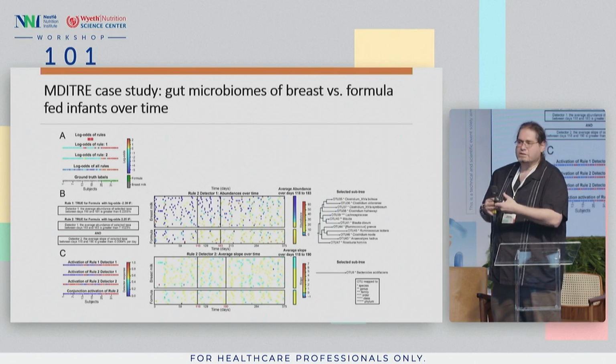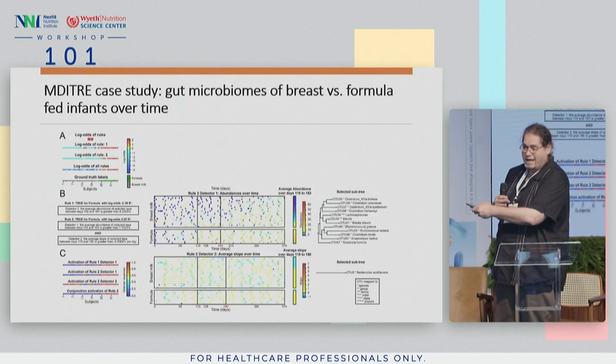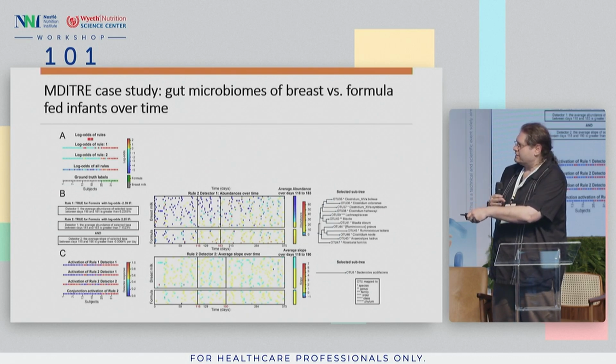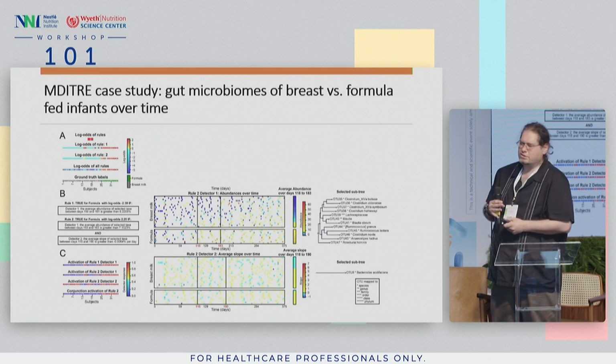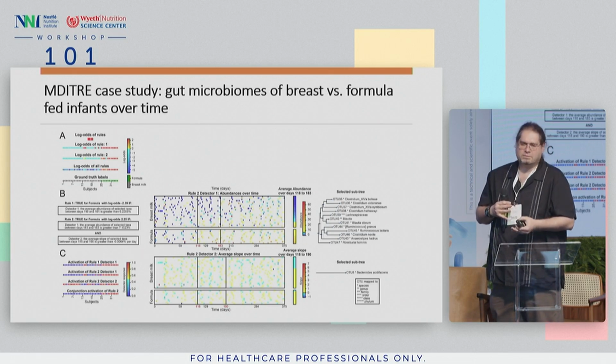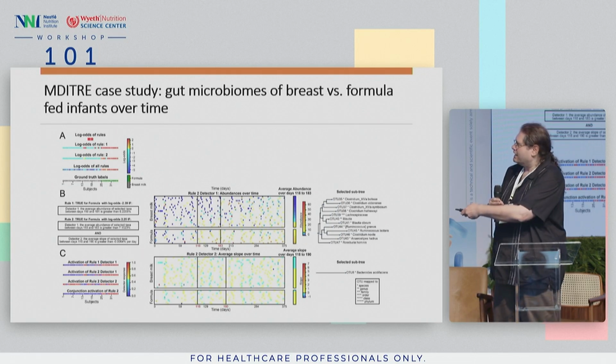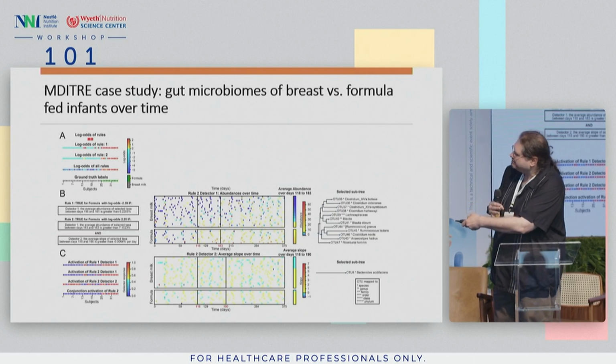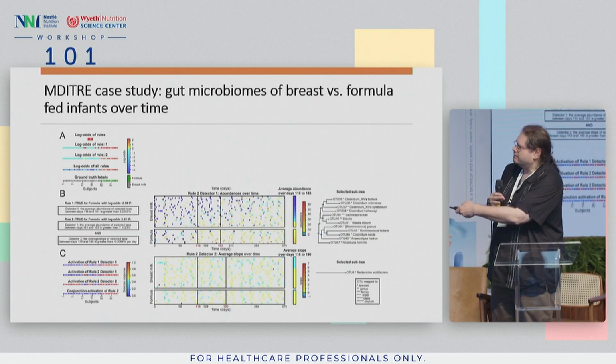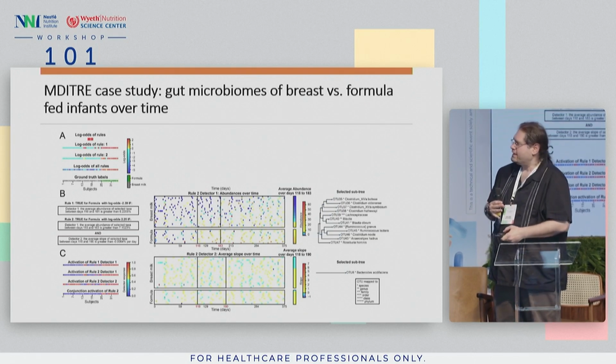You probably can't read it, but I will point out on the graph what this looks like. What the model did, interestingly, is select this time window, which is basically between 3 to 6 months of life. And up here, I think the formula-fed is down here, and breastfed is the upper panel.